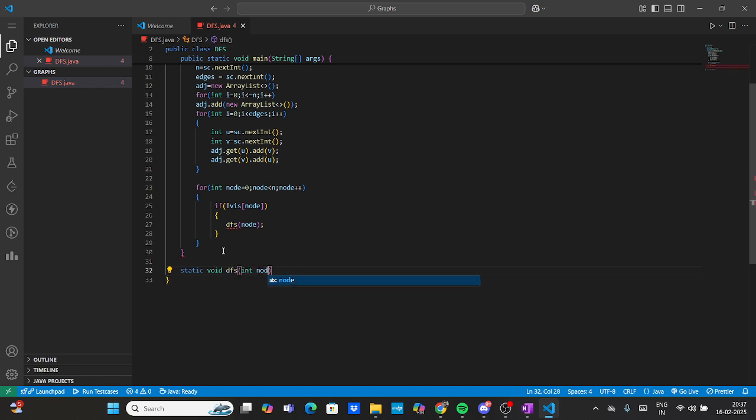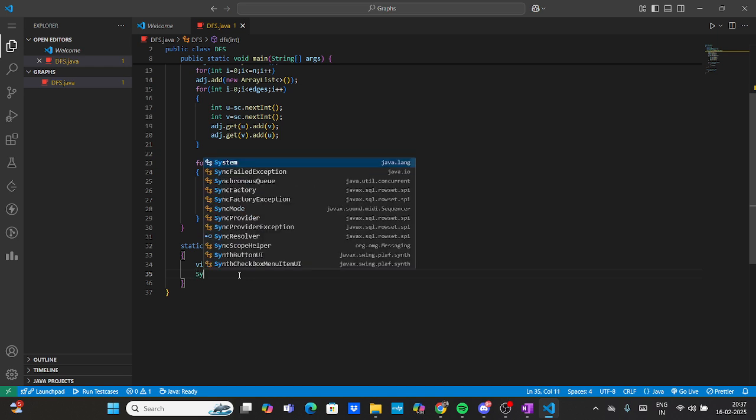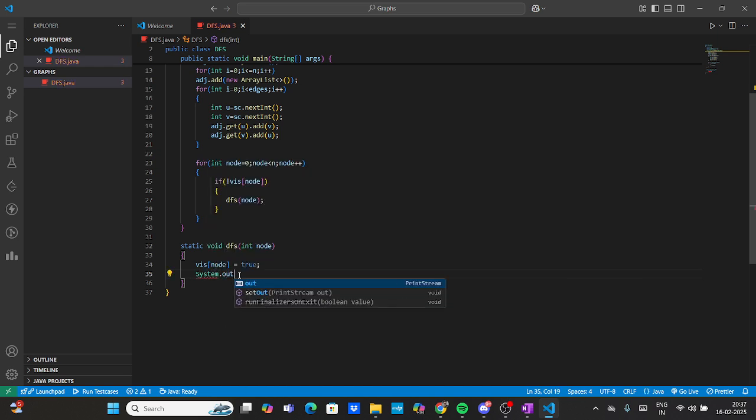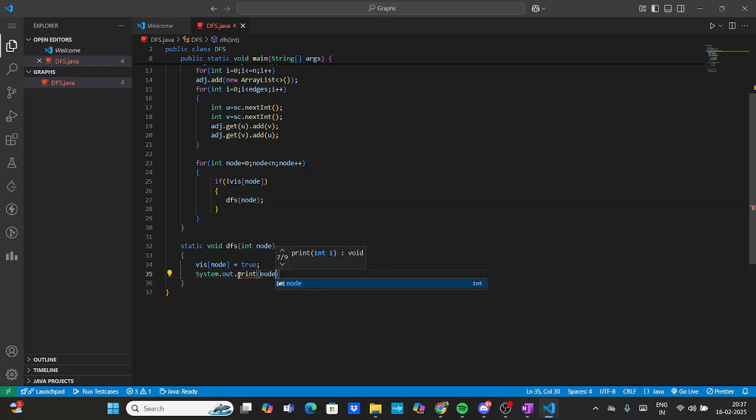So we will have a node, right? First thing first, what do we need to do? You remember? We set visited of this node to true, that this node has been visited. And for our purpose, maybe we can print this node.